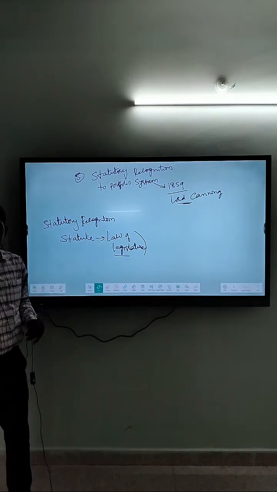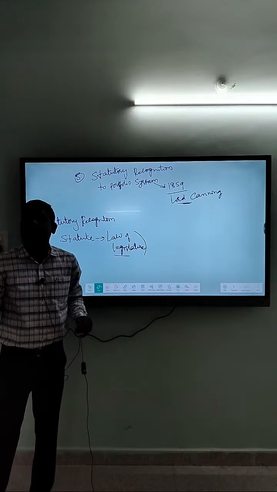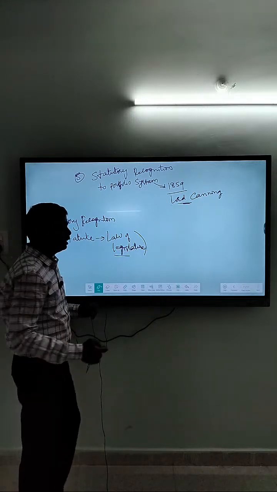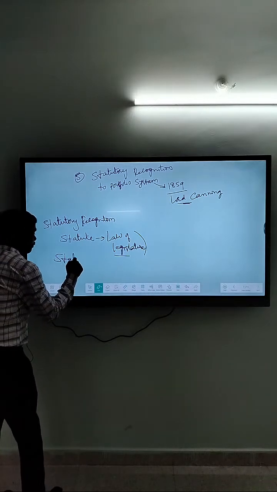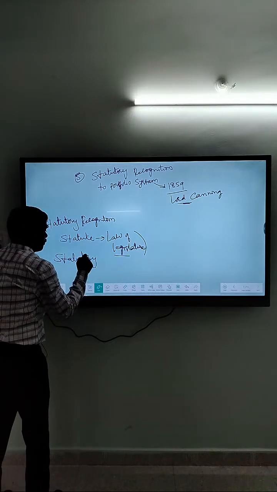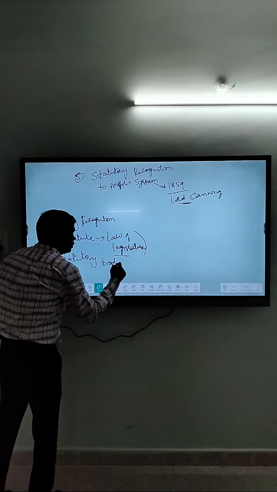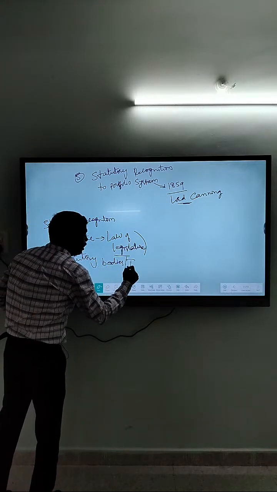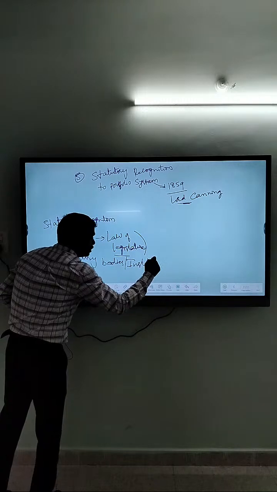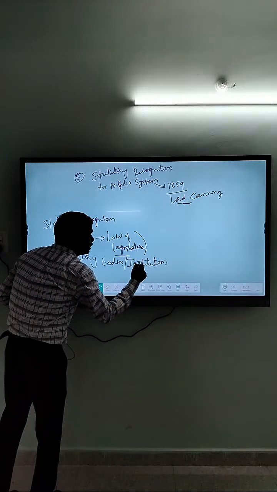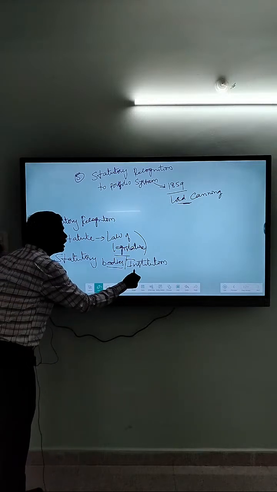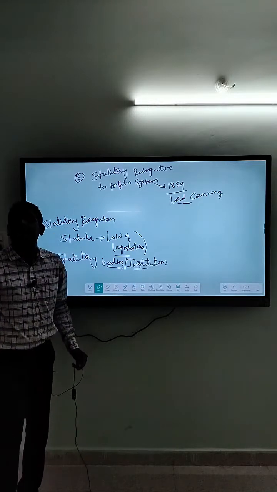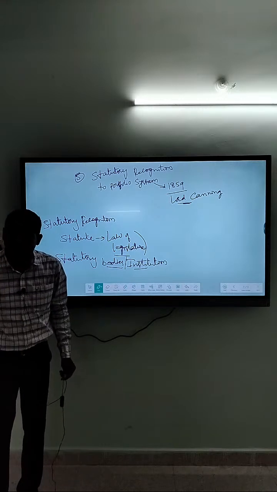Sometimes we also see the words statutory bodies or statutory institutions. These are common words that we see in newspapers or in polity. They mean those institutions or bodies which are created by a law of parliament.